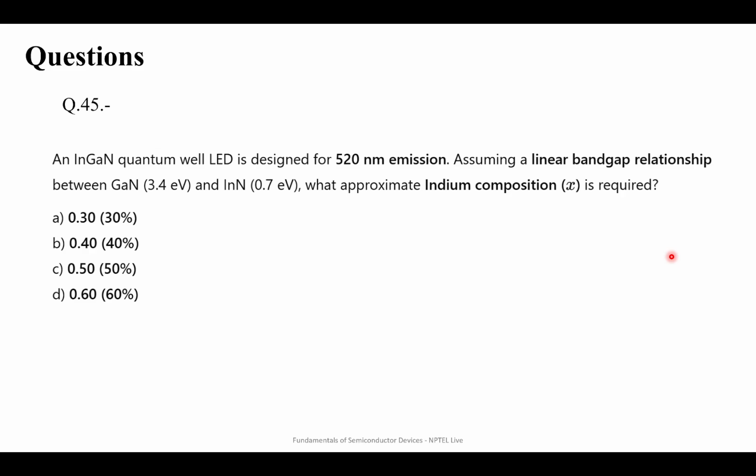Sir, please write the formula for the linear band gap relation. That is Vegard's law formula. It's saying linear band gap, so you don't have to consider the bowing parameter.